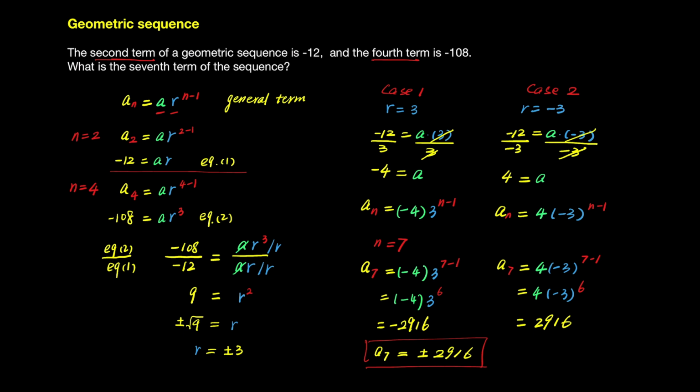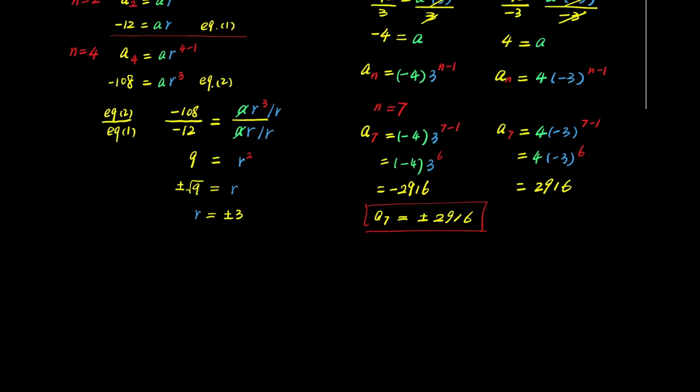Well, let's try writing out these two sequences. If we start from negative 4, which is the value of a, and a common ratio of 3, then the second term will be negative 12. The third term will be negative 36. The fourth term will be negative 108.